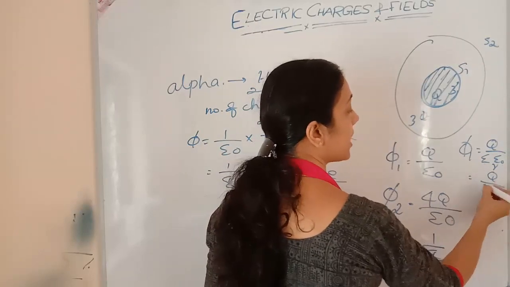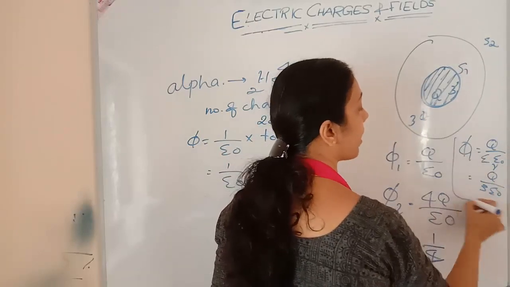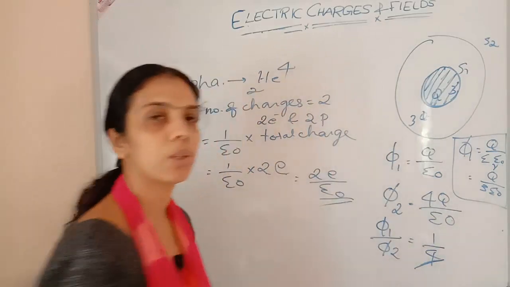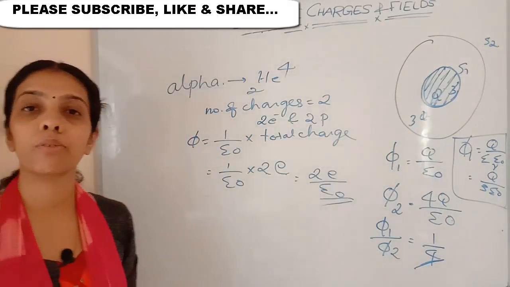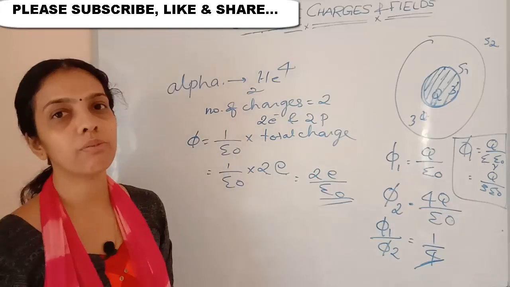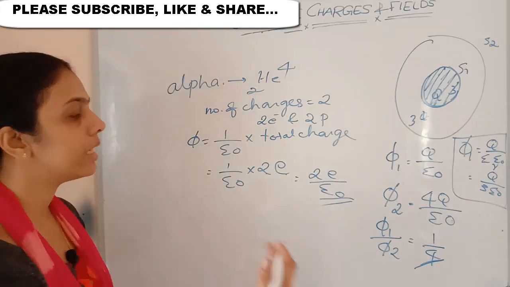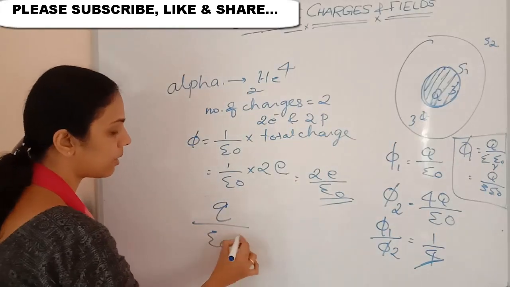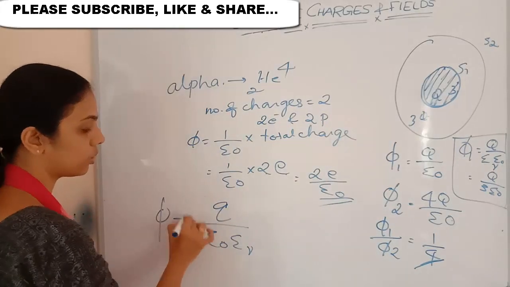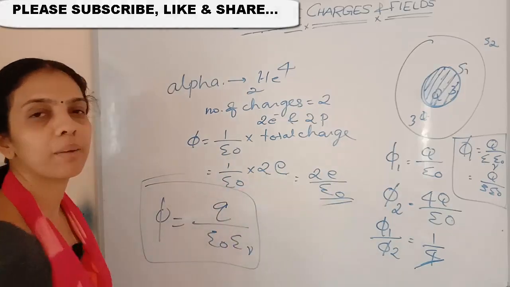Epsilon r is given as 3, so we get phi equal to Q by 3 epsilon 0. All these earlier cases we considered for vacuum. If a medium is there inside, that medium value should also be included, that is, phi is equal to Q by epsilon 0 epsilon r. Okay, this is the formula. Clear?